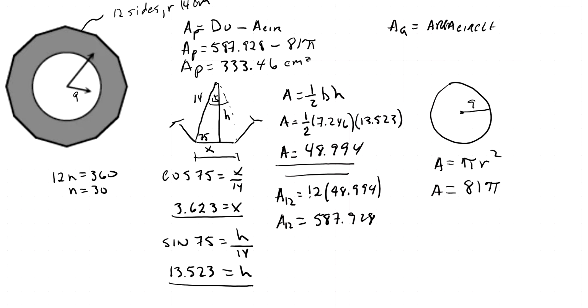The area of the circle we know is 81 pi, and 81 times pi is equal to 254.47 centimeters squared. Now, it says which is bigger, the purple or the green. Well, clearly the purple area is bigger.